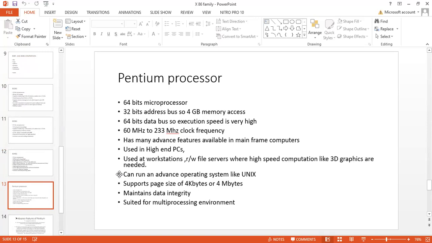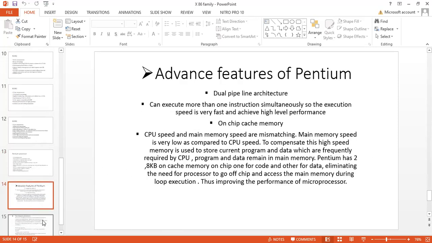Now new versions will have faster clock frequency. After that, they are basically used in high-end PCs. Then in a multi-processing system, different operating systems like Unix we can operate on it. Okay, so all these are the main features of Pentium.